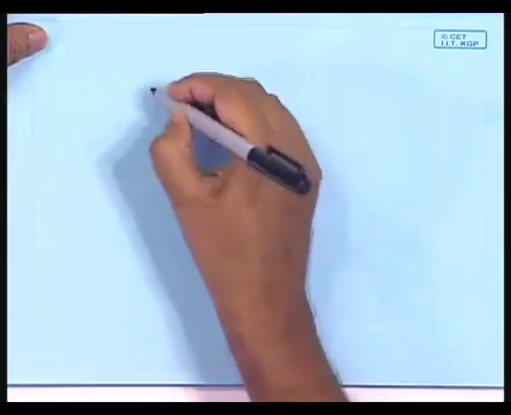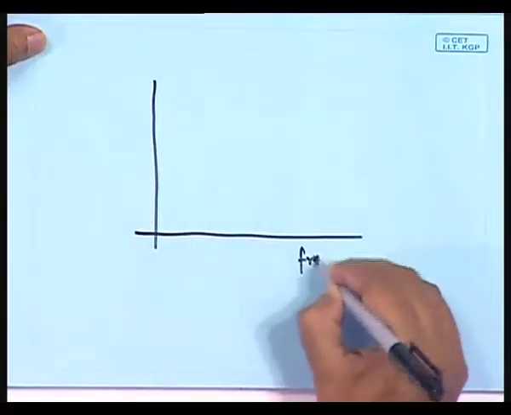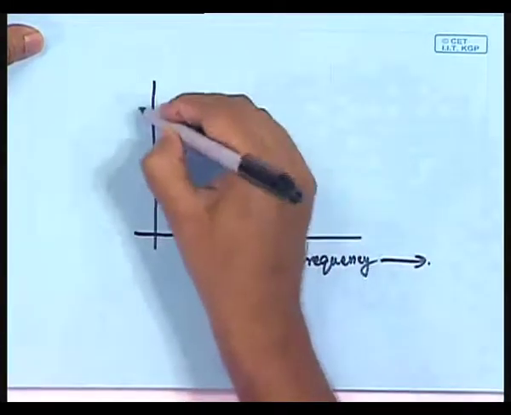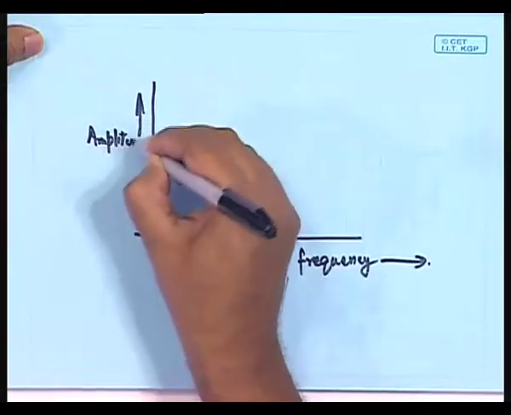And if we look at the frequency spectrum of, let us say, the voiced and the unvoiced speech, it would look something like this. Say we plot amplitude versus frequency: on this axis we have the frequency, and here we plot the amplitude.